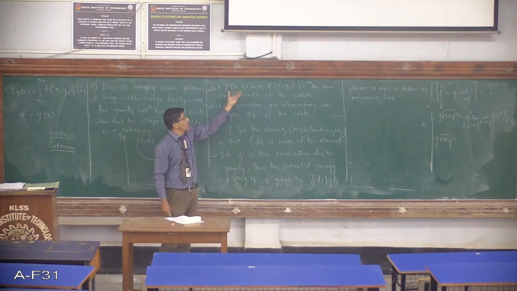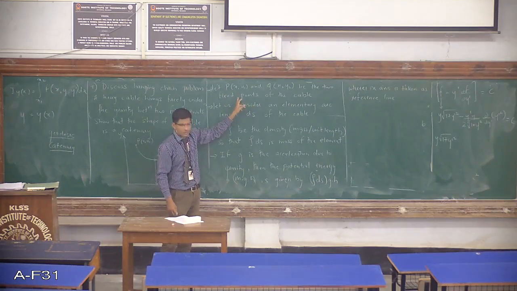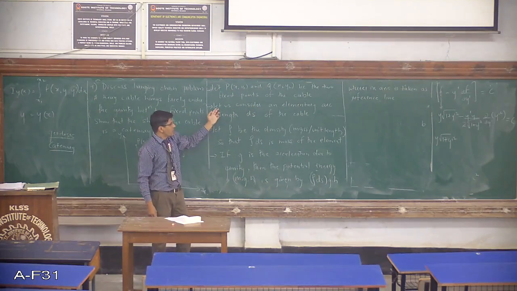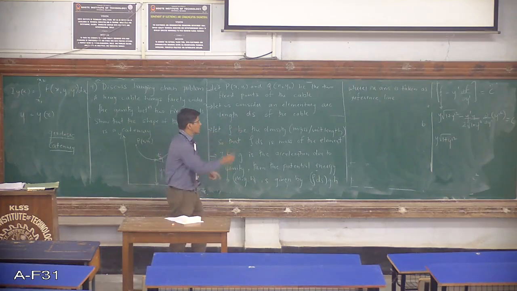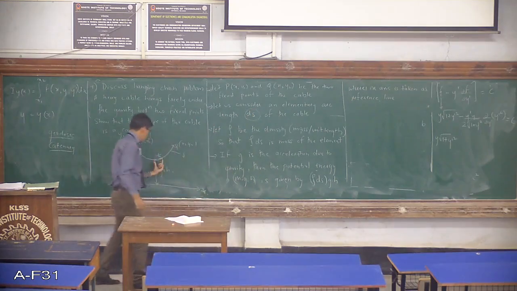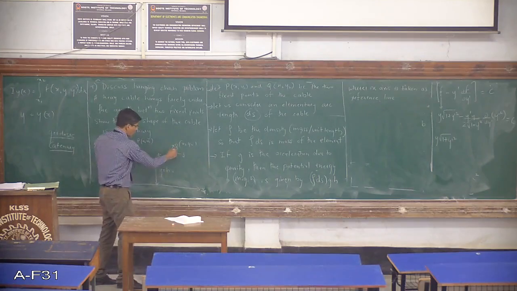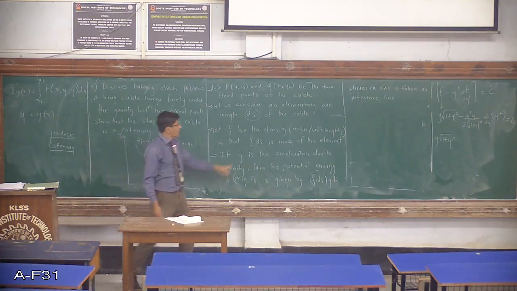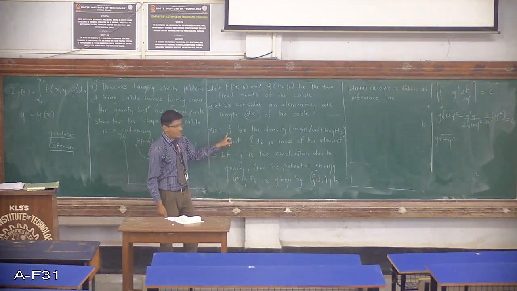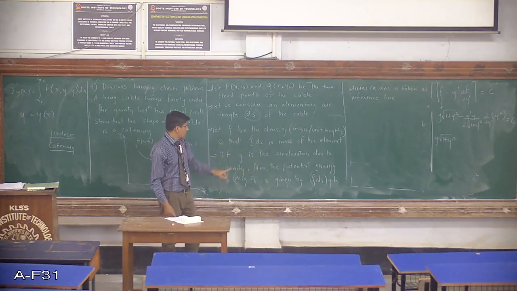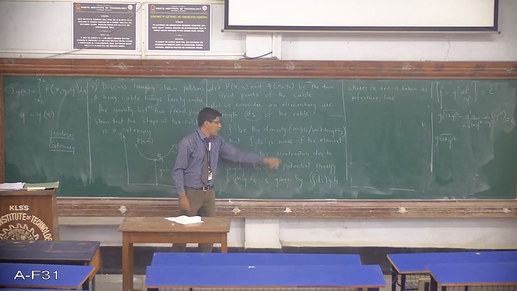Just only in proper manner I have given. So let P and Q be 2 fixed points, and let us consider an elementary arc ds. So I'll take some element of this arc S, of the cable. Let rho be the density, that is mass per unit length, so that rho ds is the mass of the element.